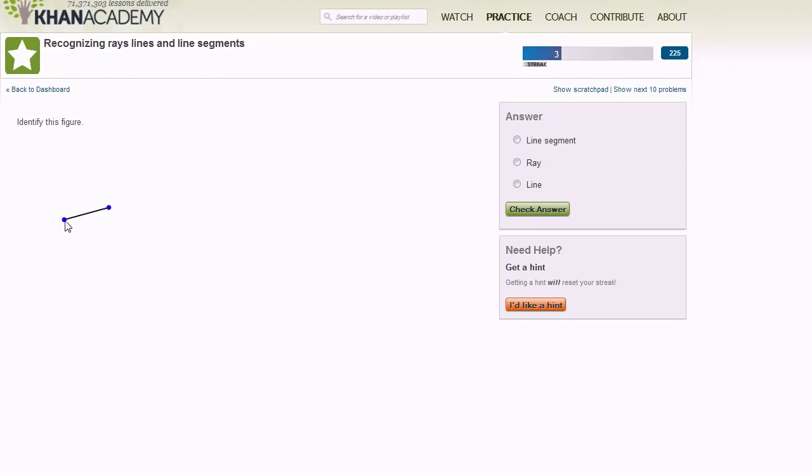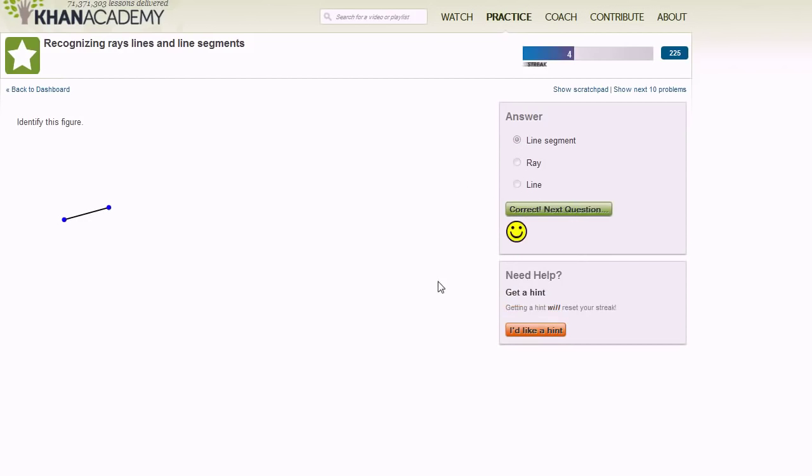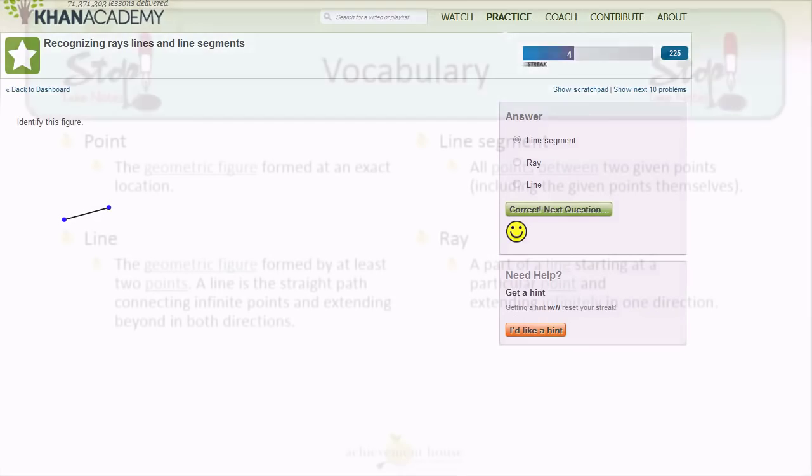This right over here, you have a starting point and an ending point, but it doesn't go on forever in either direction. So this right over here is a line segment. There you go. So hopefully that gives you enough to work your way through this module. And you might notice when I did this module right here, there is no video, and that's exactly what this video is. It's the video for this module.